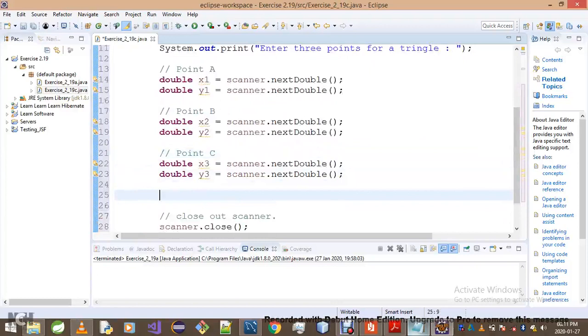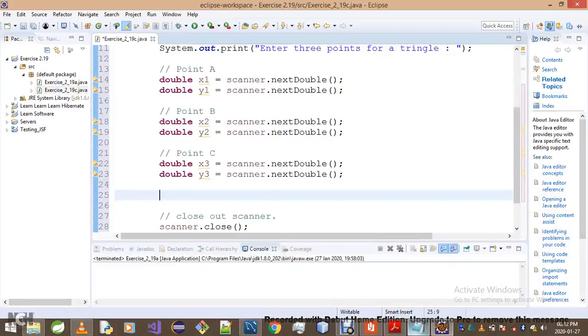Okay, again, what we then do is simply try to calculate side 1, side 2, and then side 3.